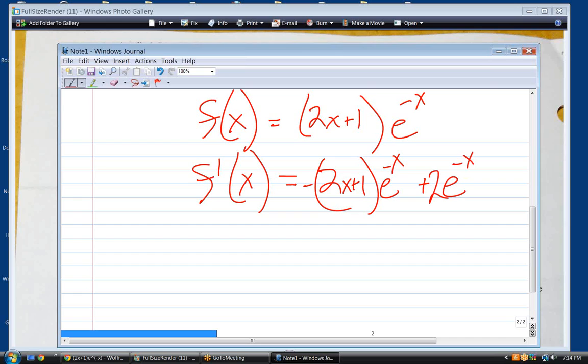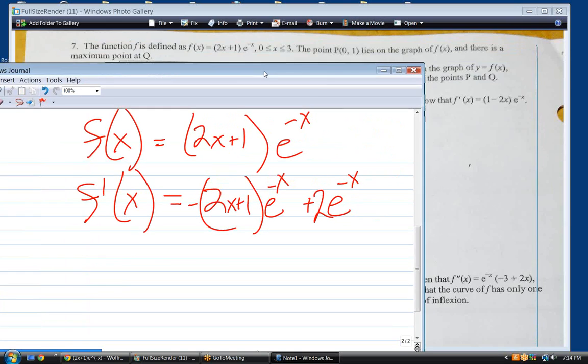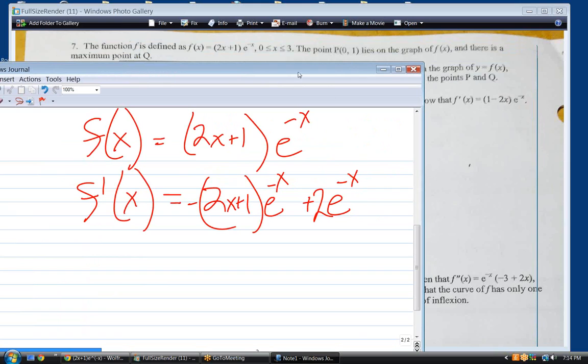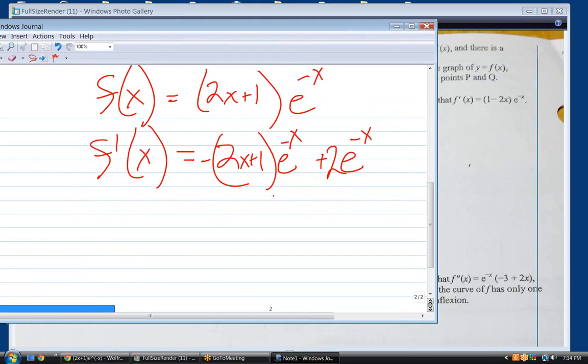Now, how do we turn that thing into what we see there? In other words, let's simplify this. What's the first thing I'd want to do to simplify this? Well, you can distribute e to the negative x into the 2x plus 1. You could. That's probably not the most direct way to simplify it, especially if I know what I'm trying to simplify it to. You could pull out an e to the negative x out of the entire thing. That's the best way to go.